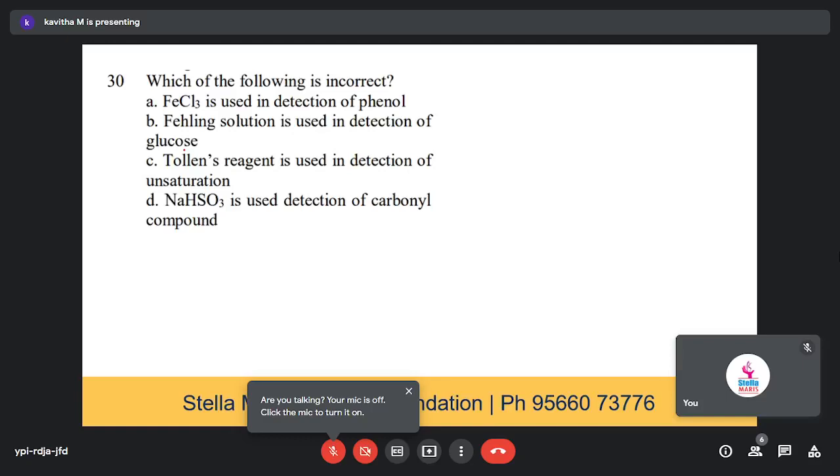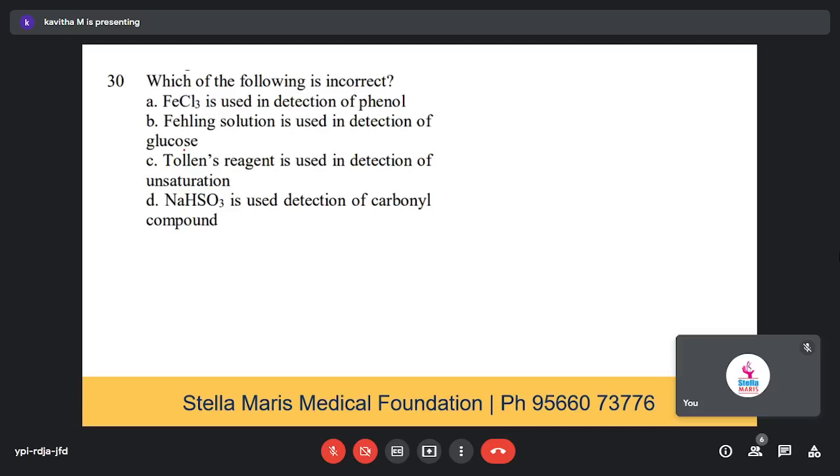And the next one is Tollens reagent. What is the Tollens reagent? It is ammoniacal silver nitrate solution. Tollens reagent is generally used again for testing the carbohydrates.